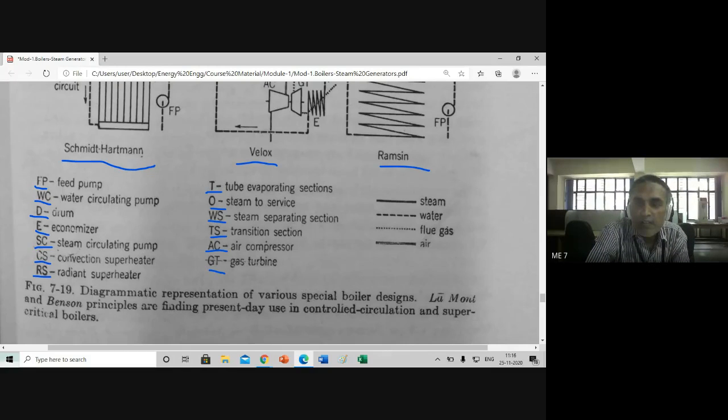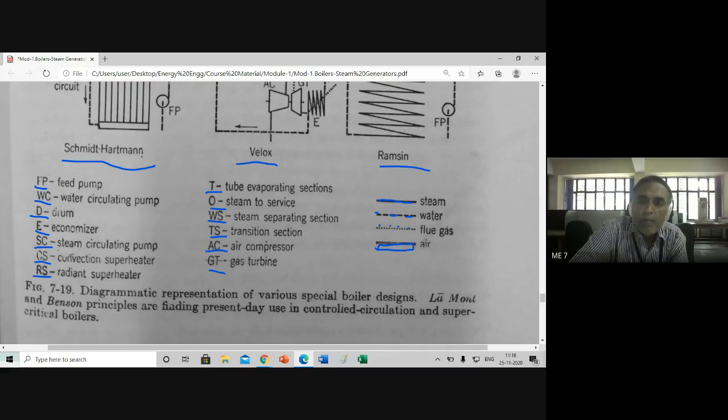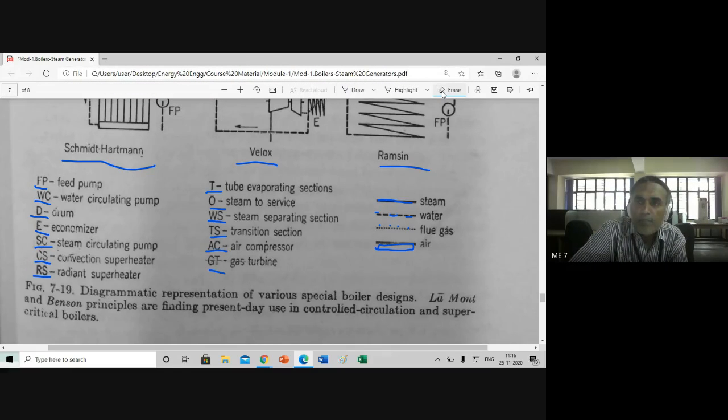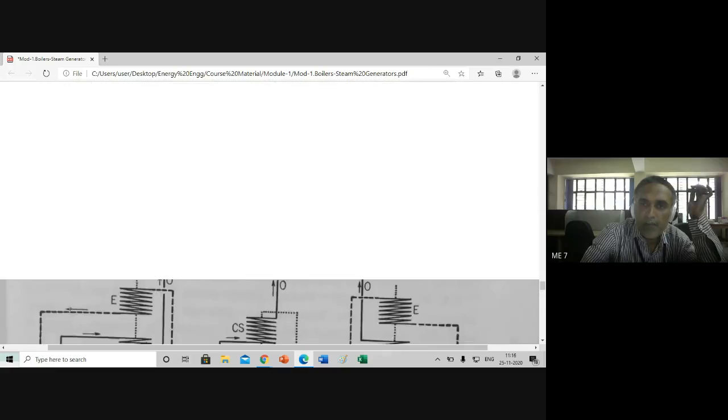The convention used to represent the flow: water is like this, flue gas is a dotted line, air is like this. This is the way they are represented. Now look at this. Let us take them one by one.